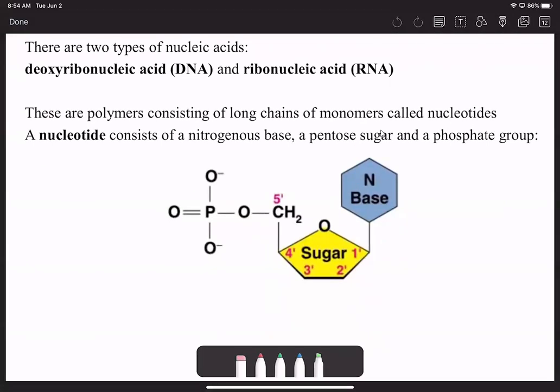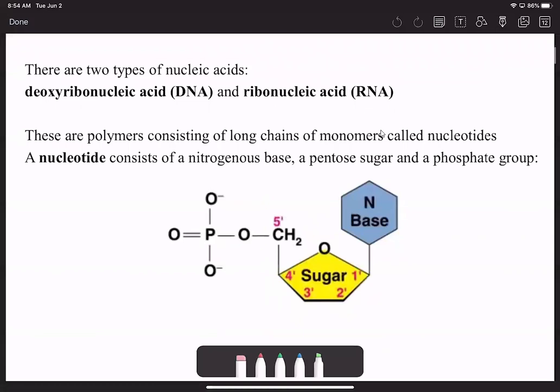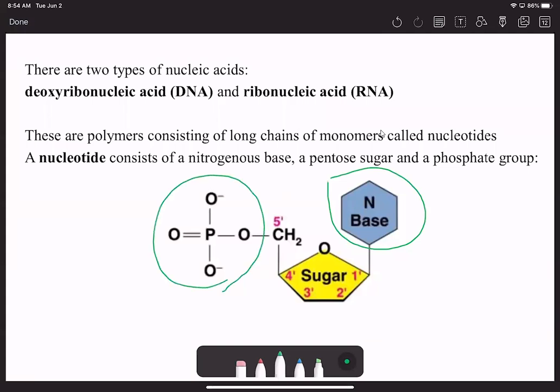Every nucleic acid is going to have a nitrogen base. They will all have a phosphate group, and they will all have a sugar, right? So nucleotides are going to consist of these three basic things.